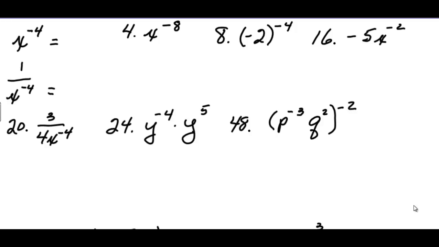So x to the negative 4 would equal 1 over x to the 4th. By the same token, if you have 1 over x to the negative 4, to make that exponent positive, you would come up with x to the 4th over 1, or just x to the 4th.